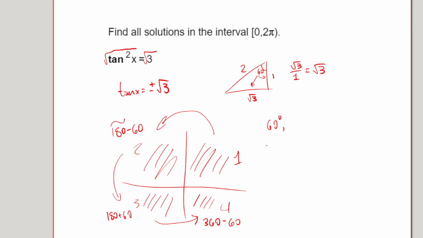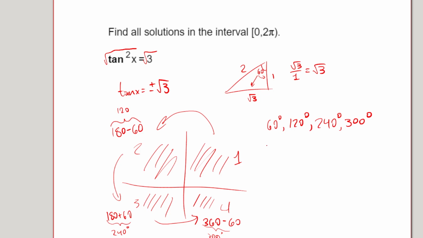Now 180 minus 60 is going to be 120, so that's another one of our solutions. Then this is going to be 240 degrees, and here we have our last one, which is 300 degrees. Those are the 4 solutions to our problem.